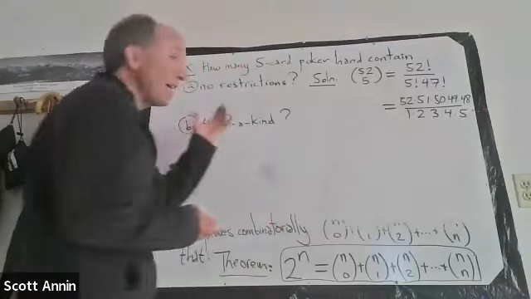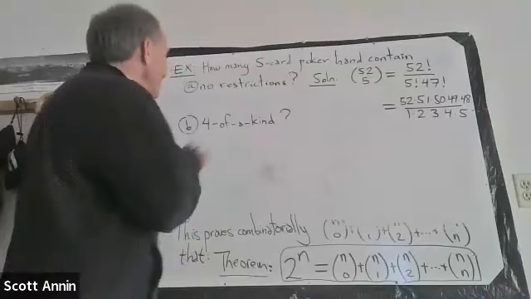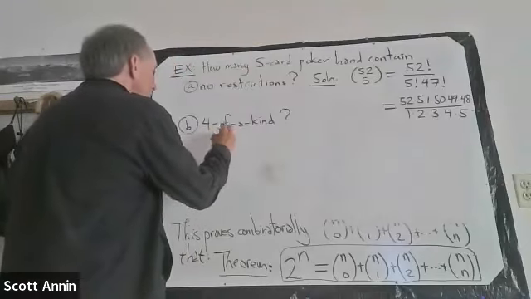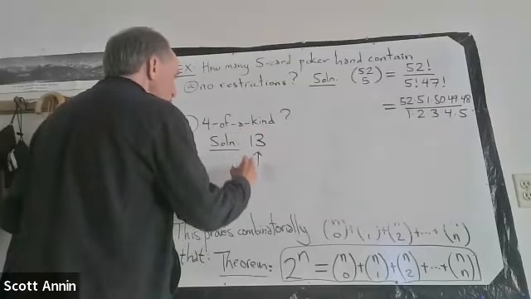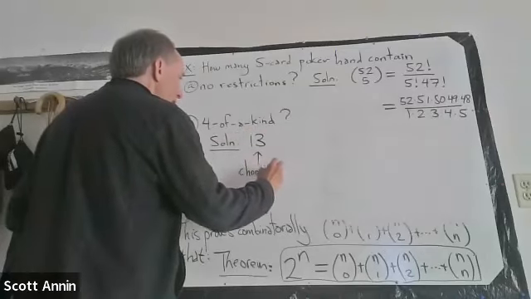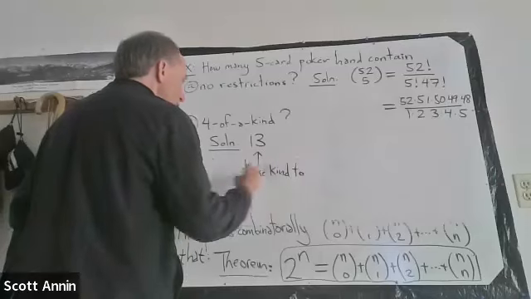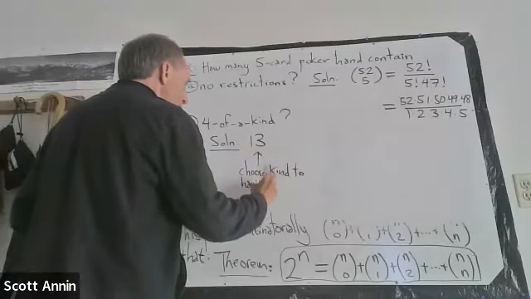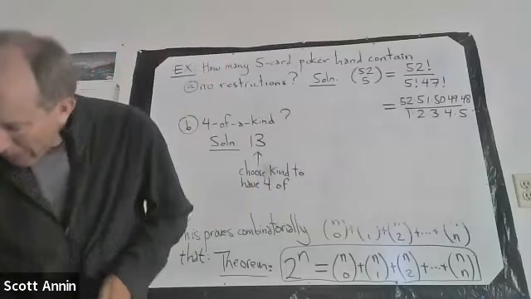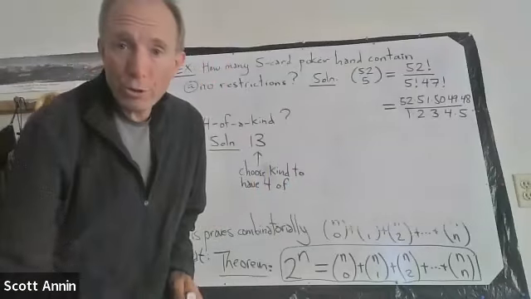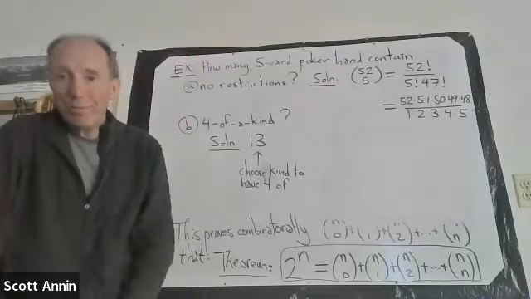So actually, that's part of the answer to the problem, that we have to choose a kind. There's 13. Choose a kind to have 4 of. Okay, and then after we've done that, we just have to choose any other card.